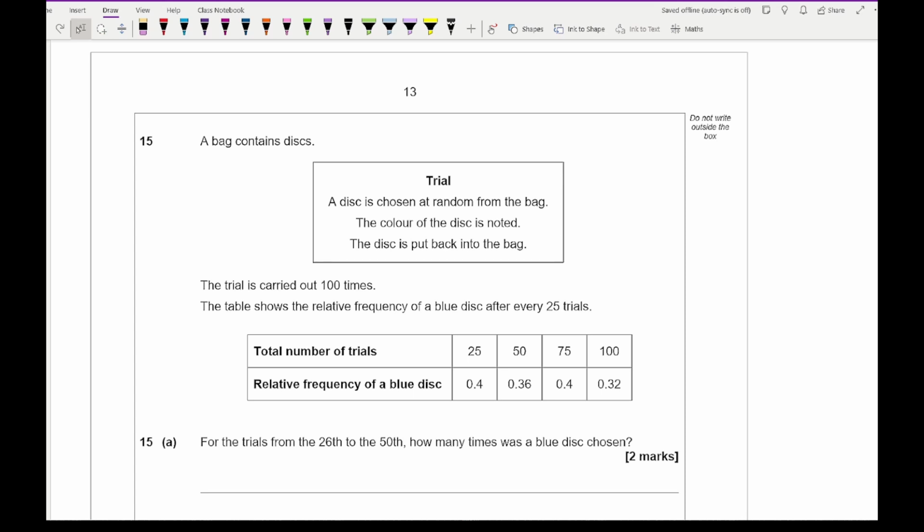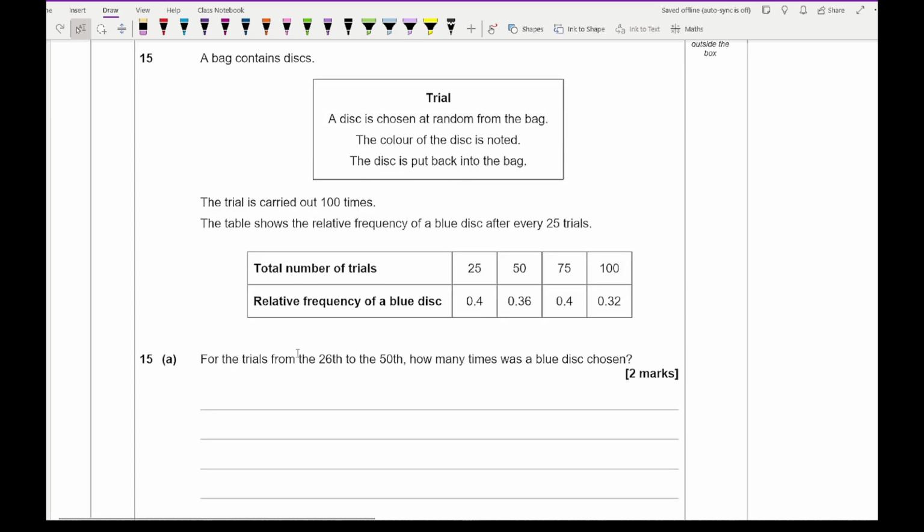So for this particular question, let's just scroll down a little bit. What we need to do is first of all work out the first 25, which is going to be 25 times 0.4, and that gives me an answer of 10.